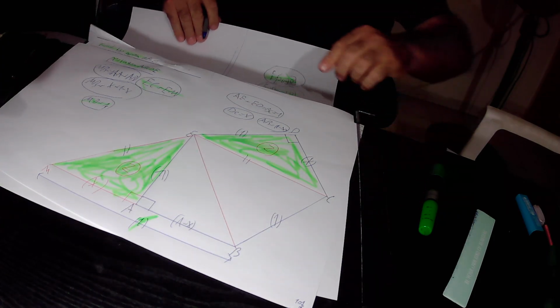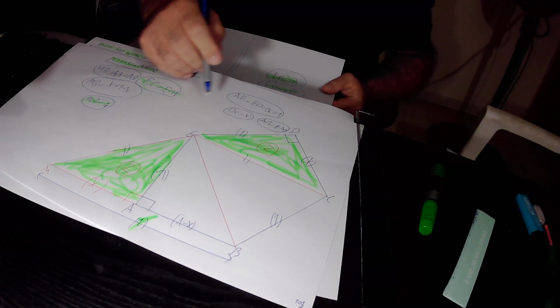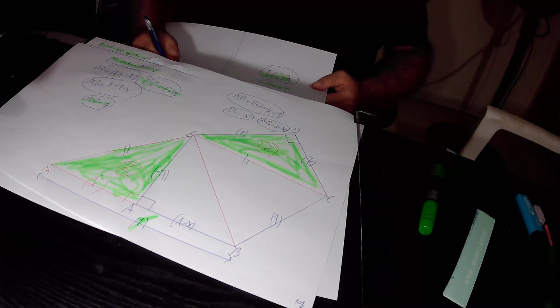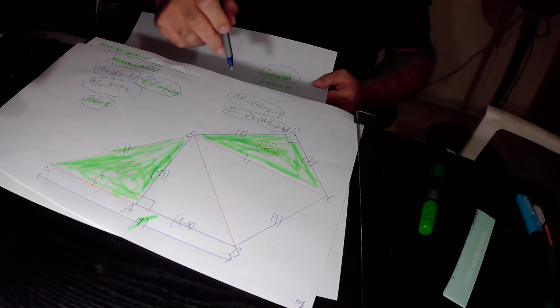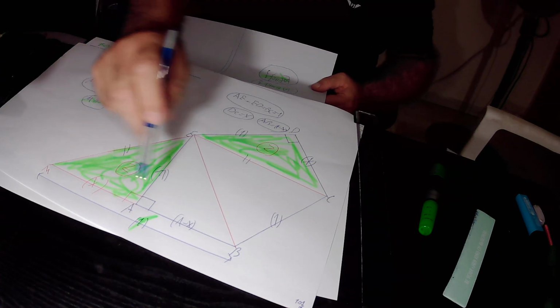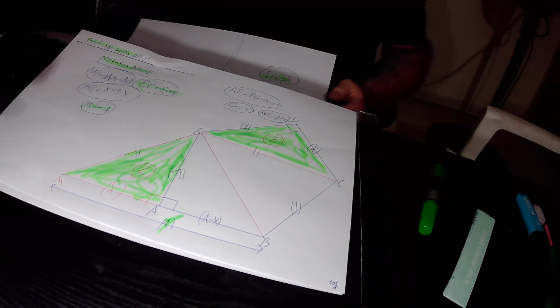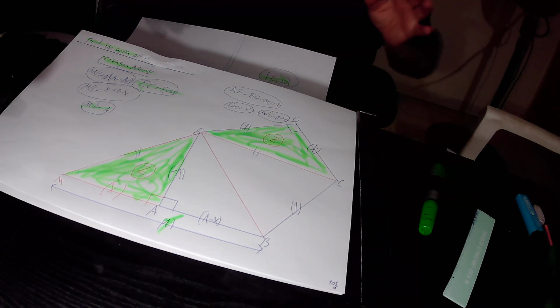In the next step, we will focus on this big quadrilateral EMBC. The area of this big quadrilateral EMBC must be equal to the sum of the areas of the shapes that it consists of.